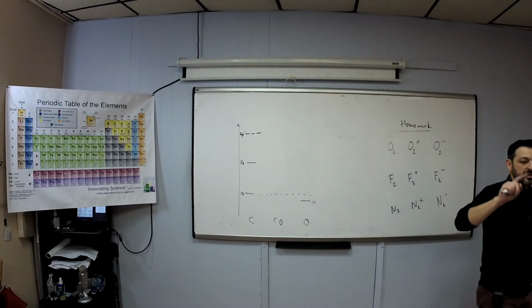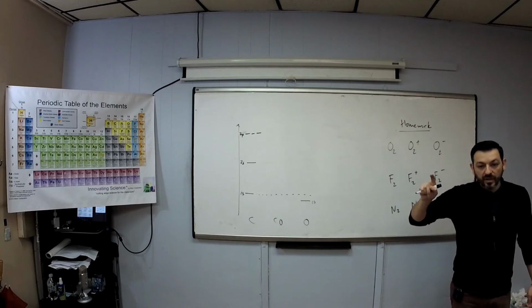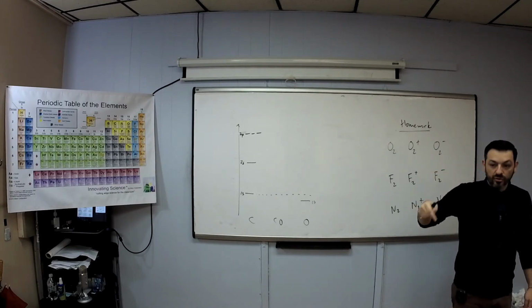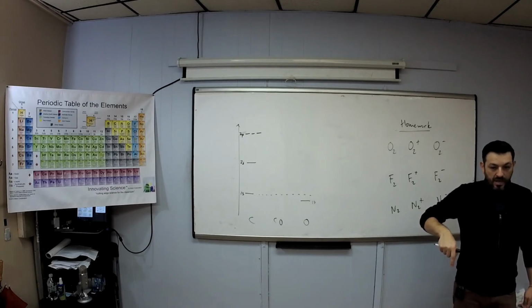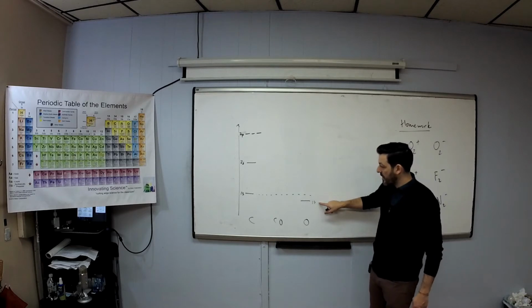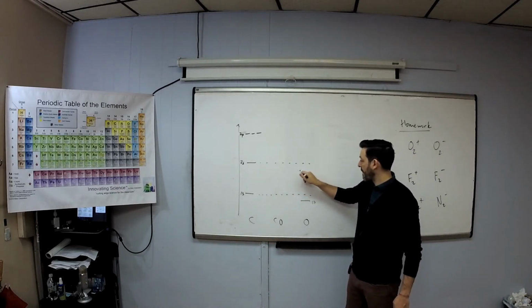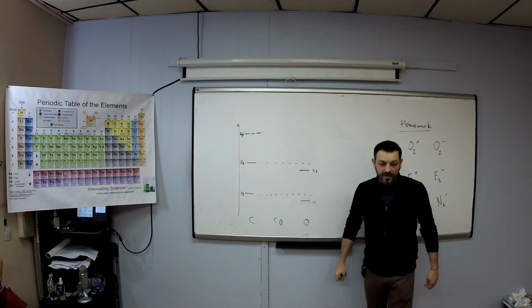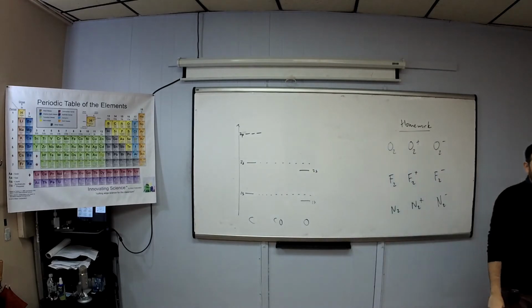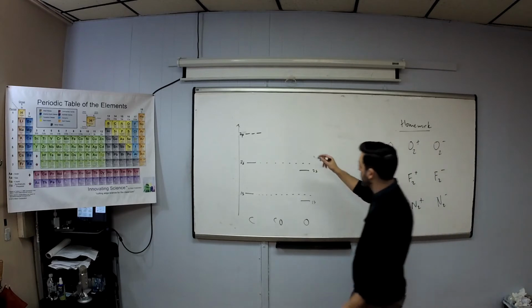Why is that? Because oxygen's more electronegative, and electrons in oxygen's 1s orbital are lower in energy and closer to its nucleus. Does that make sense? And not only is that true for oxygen's 1s orbital, it's true for oxygen's 2s orbital, and it's also true for oxygen's 2p orbitals.